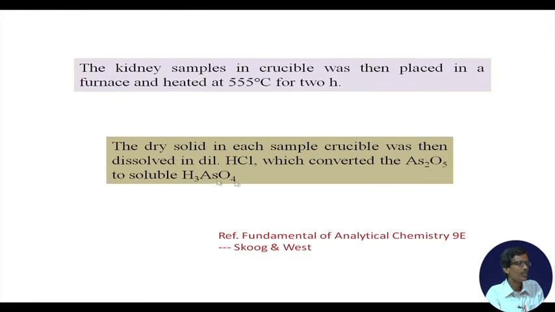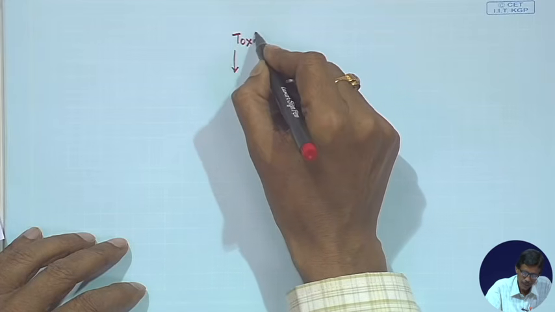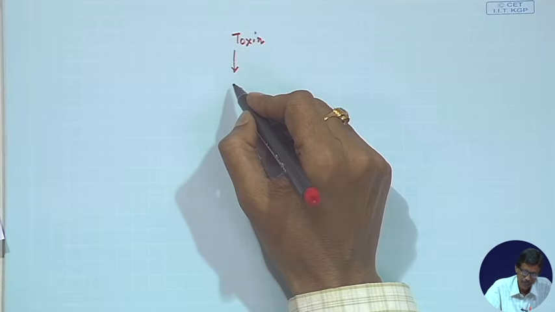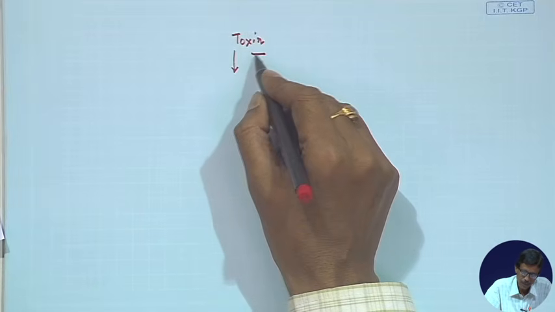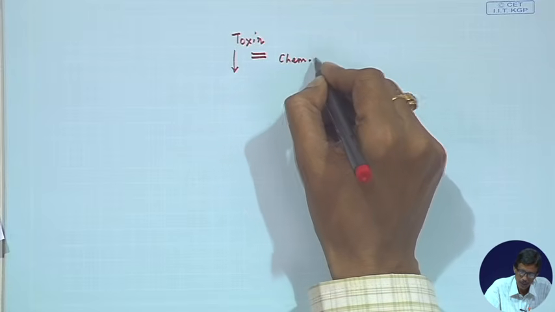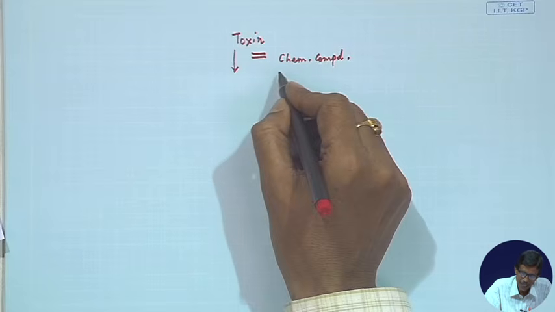So, we have reached this point, and we will discuss the rest in our next class. We have some toxin, and we try to analyze this toxin as a typical chemical compound.